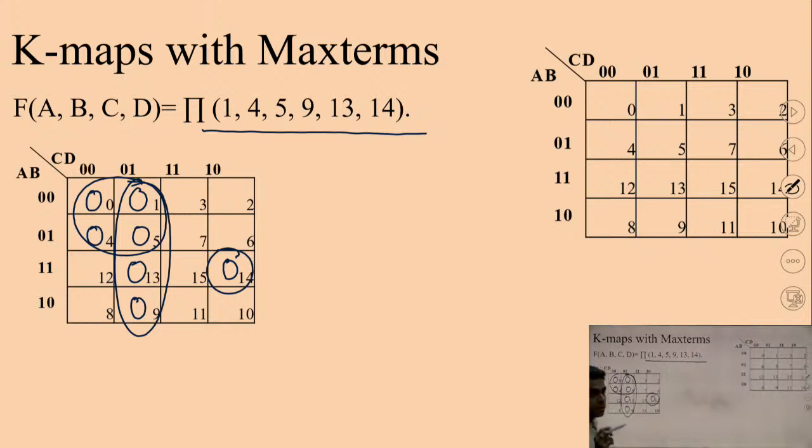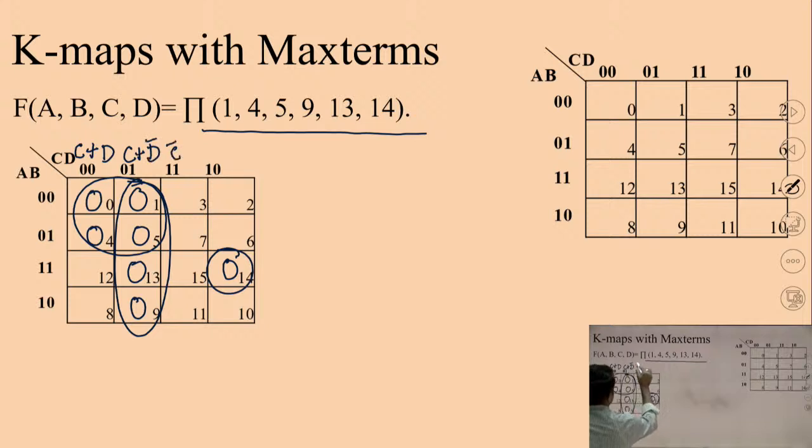Now the writing of the answer for this POS type K-map or maxterm type K-map is different. For that you have to do exactly the reverse. For this CD, while writing the answer for min term type K-maps, we were writing it as C bar D bar. Now instead of writing it as C bar D bar, I am writing it as C plus D, and this will be C plus D bar.